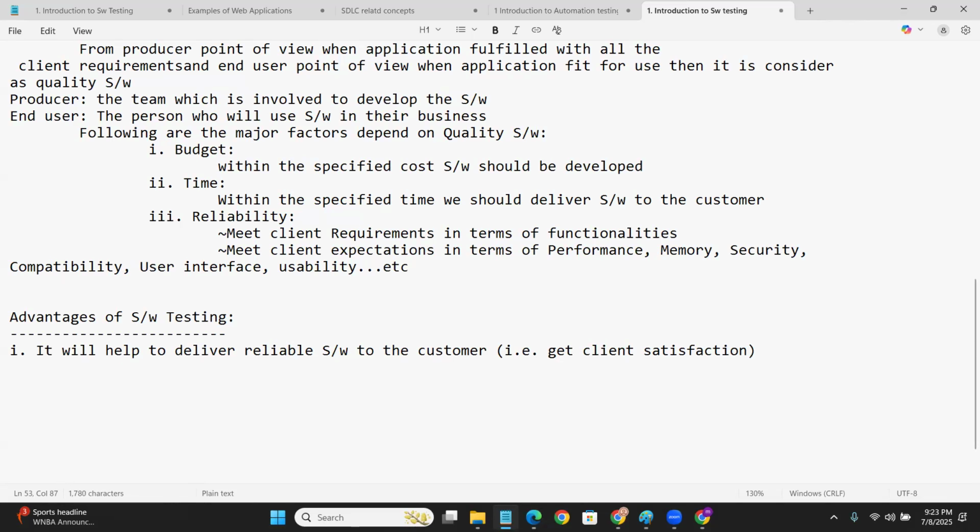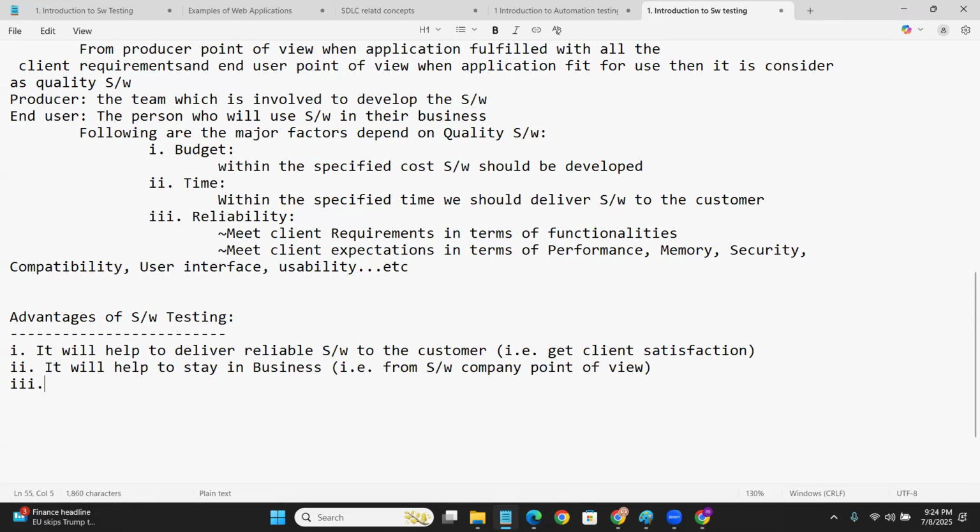Second, it will help to stay in business. From the software company's point of view, you deliver the right software to the customer. Whenever the customer is satisfied with your product, your company gets a good reputation in the market, so you get more orders, more projects, more business.